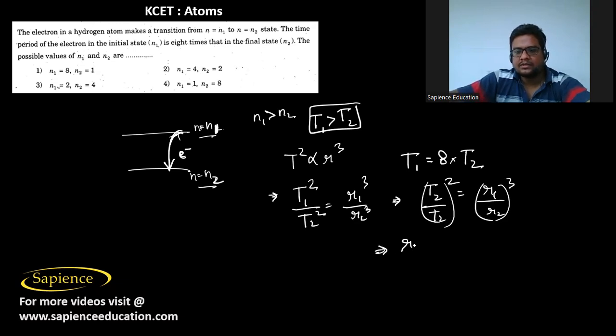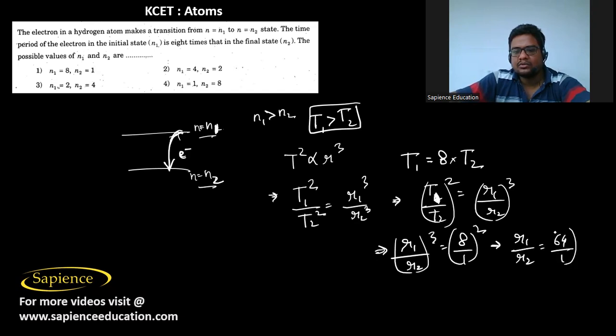So R1 by R2 whole cube is equal to 8 by 1 whole square, which is 64. So R1 by R2 is the cube root of 64, which is 4. So R1 by R2 equals 4 by 1. Now we know that in the hydrogen atom the radius is equal to a naught n square.